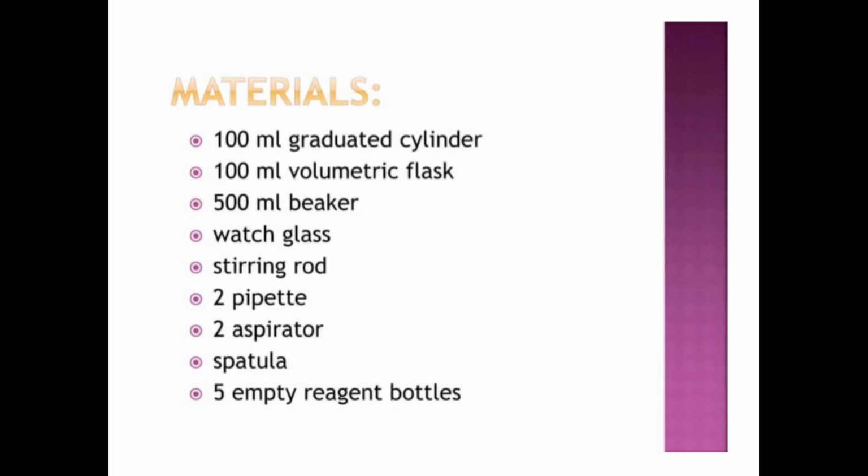You are going to need a watch glass. A watch glass is specifically used to collect the base, because they are usually coming in solids, or what is called pellets. You are going to need a stirring rod or a glass rod so as to mix the solution when you dissolve them in water, to obtain a uniform solution.